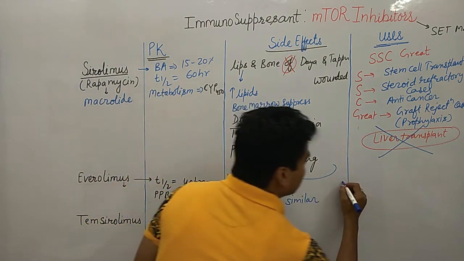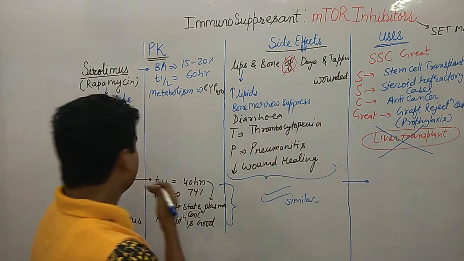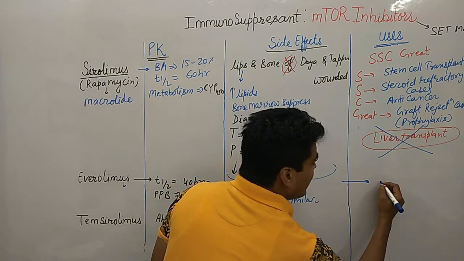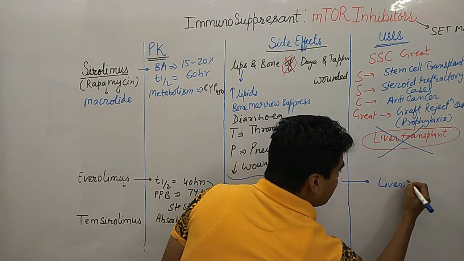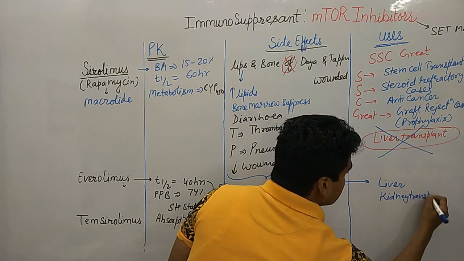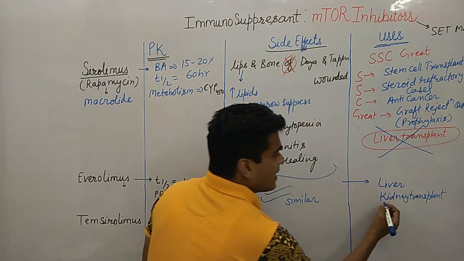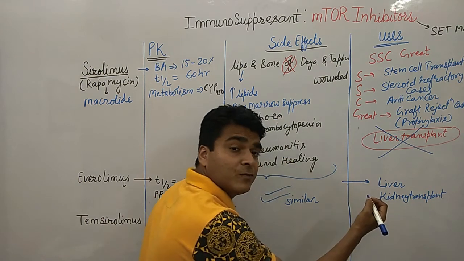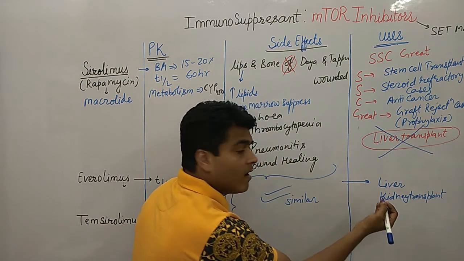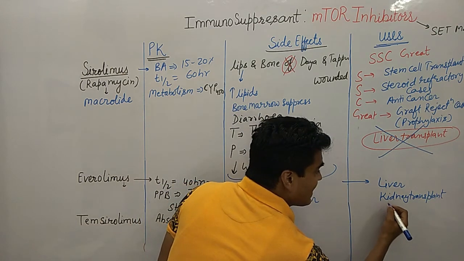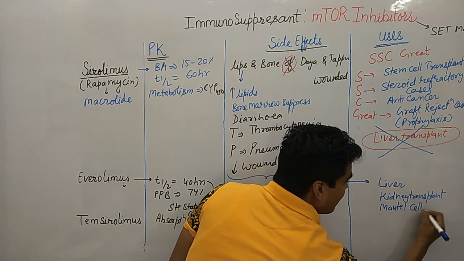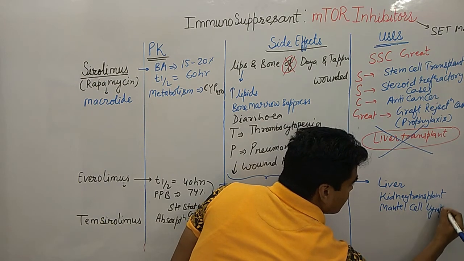And here look at the uses of everolimus. We are using it in liver transplant, liver and kidney transplant, and we are also using it in anti-cancer cases, like mantle cell lymphoma.